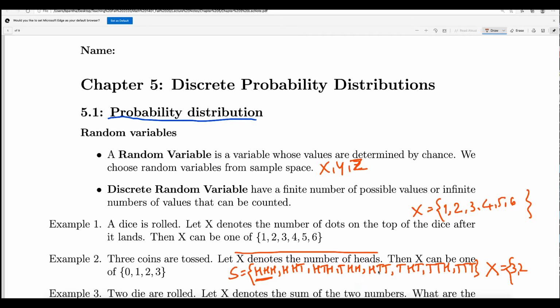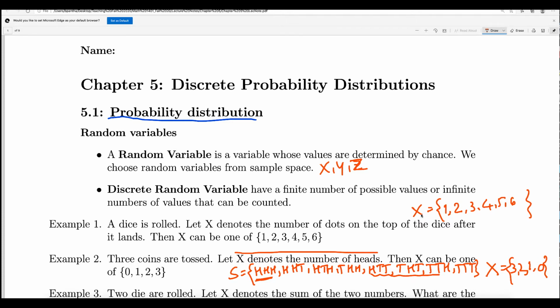On the 5th, 6th, and 7th, there is 1 head. On the last one there is no head. So X can be 3, 2, 1, or 0, because X denotes the number of heads when 3 coins are tossed. We list all possible values of X, and X is the random variable in this problem.